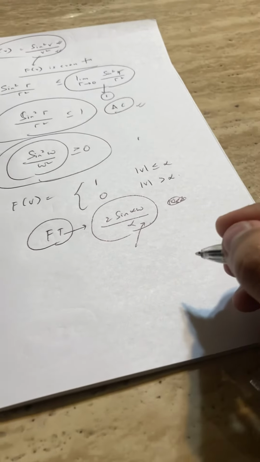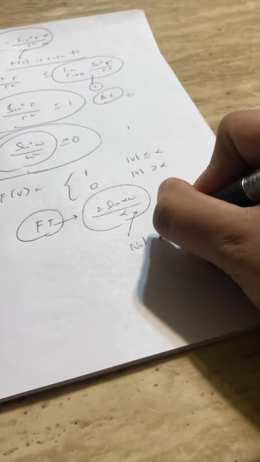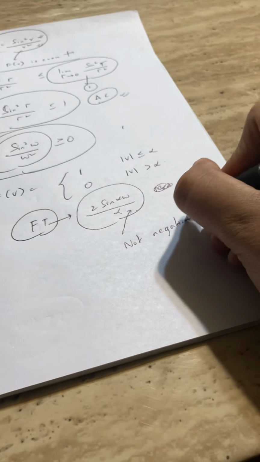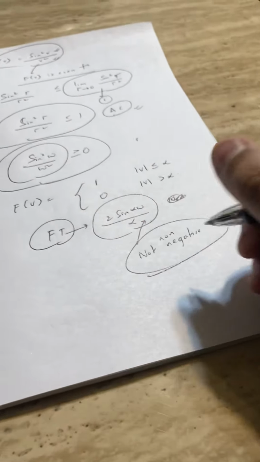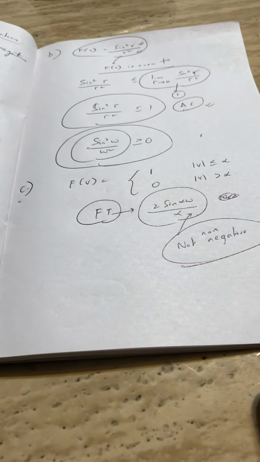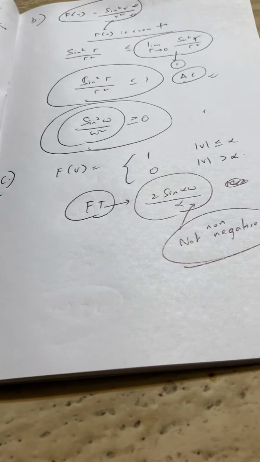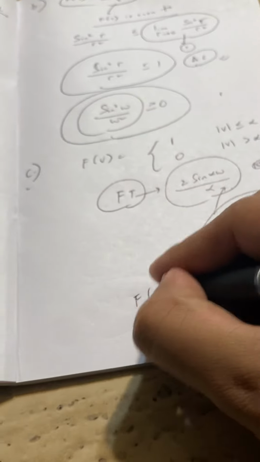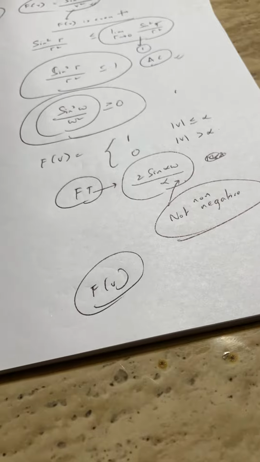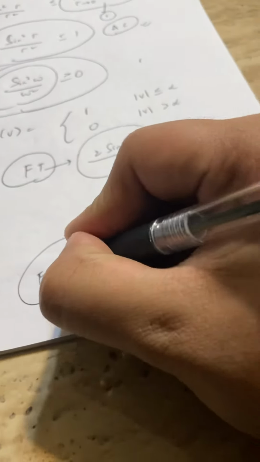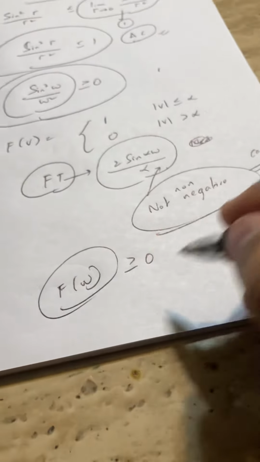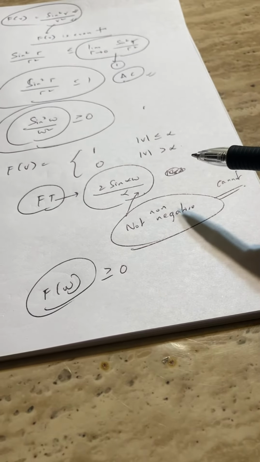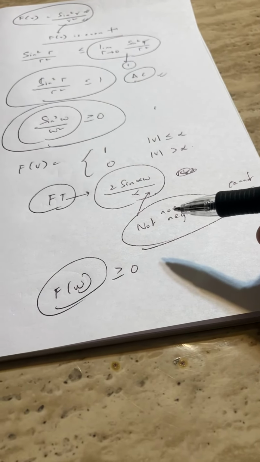So here the Fourier transform is not non-negative, hence it cannot be an autocorrelation function. But f of v can be a spectral density function, as f of omega is greater than or equal to 0. So it cannot be an autocorrelation function, it can be a spectral density function.